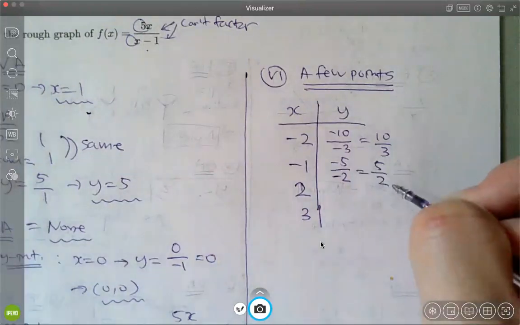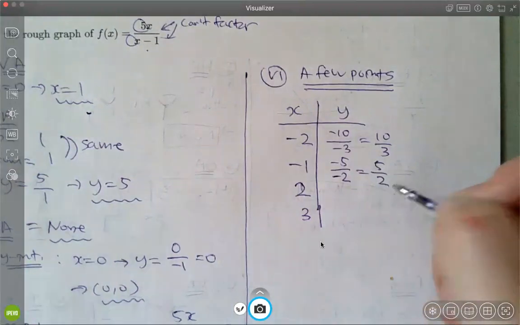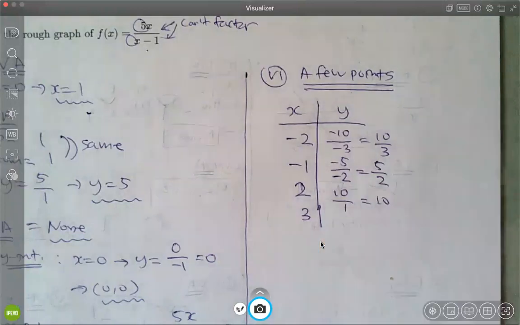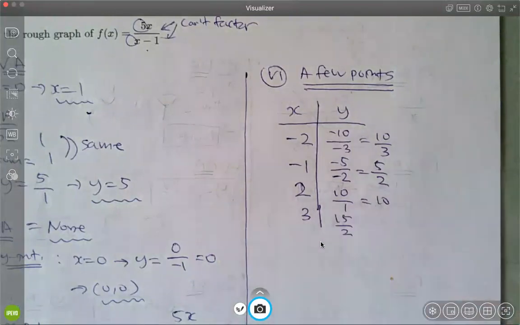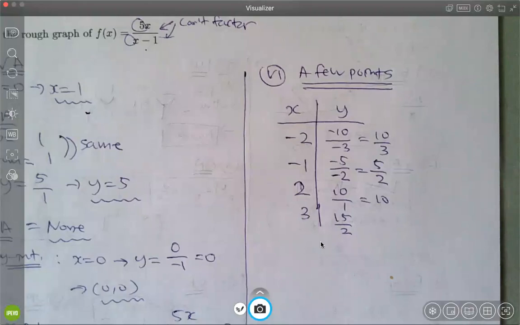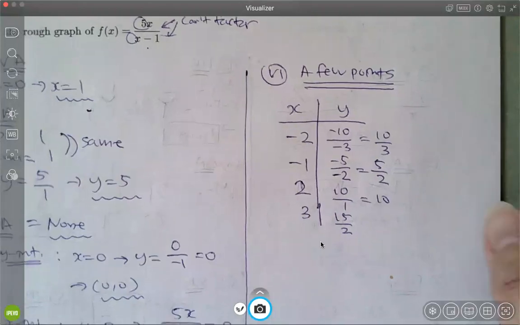Okay, and when x is equal to 2, you have 10 over 1, which is equal to 10. When x is equal to 3, you have 15/2. Now here we got like 3 fractions. But remember, I'm just trying to get the graph, not doing the homework, graphing this by hand on homework, so fractions are fine.